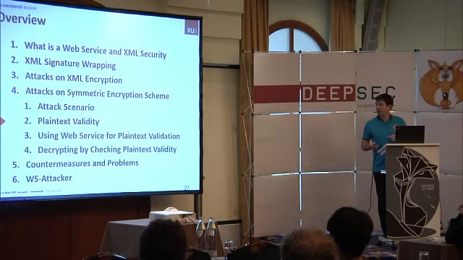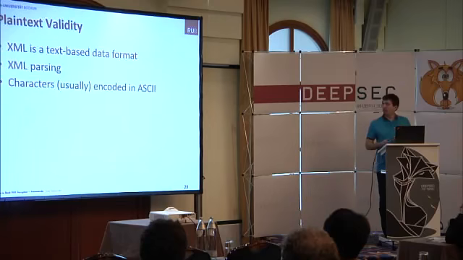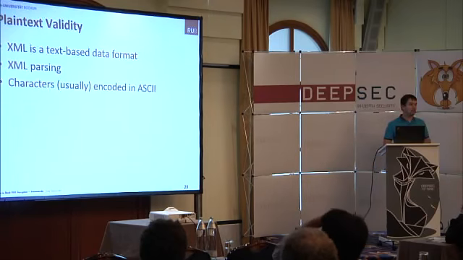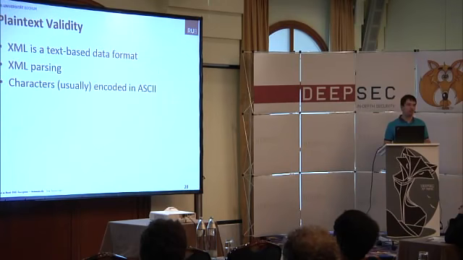Okay. Good. So plaintext validity. XML is a text-based data format. So this means that before we can execute some business logic or evaluate some data, we always have to do some XML parsing, you know it.